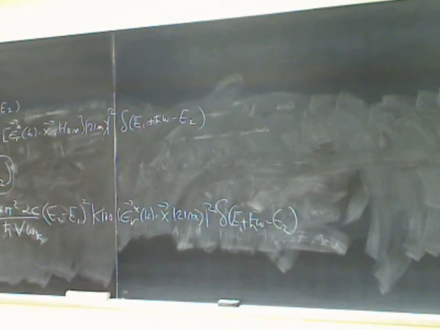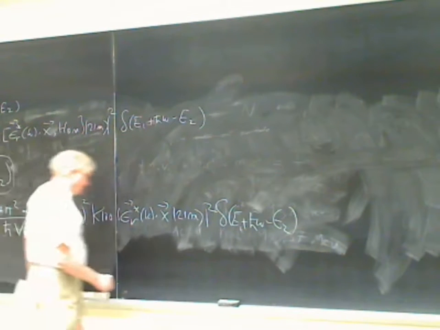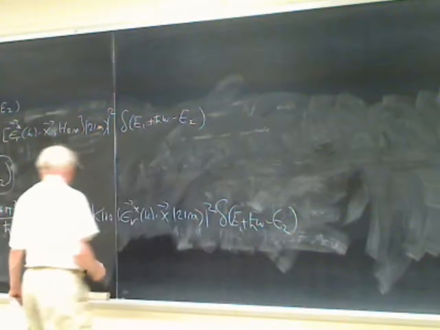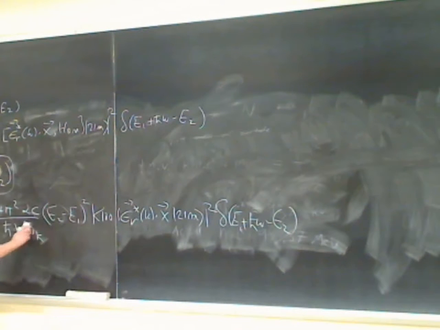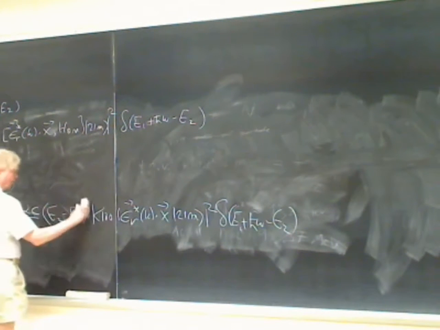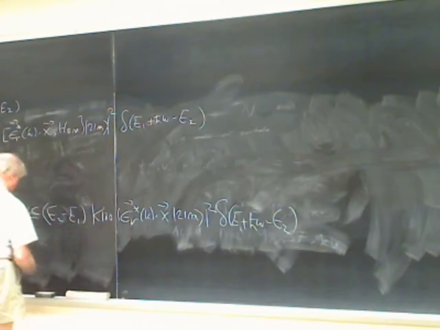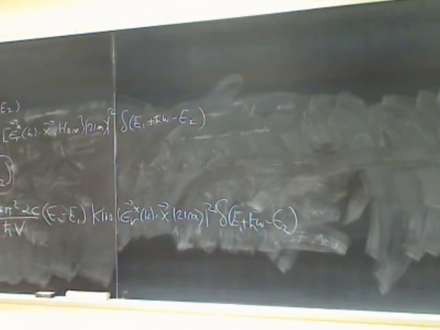Okay, now this delta function acts to ensure that omega k is the same as E2 minus E1. And so what we can do is simply cancel one of the E2 minus E1s and the omega, and that gives us a slightly simpler formula. Okay, well, that's going to be our final formula for the moment.